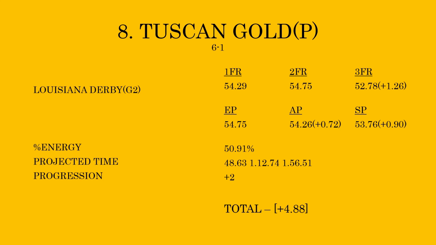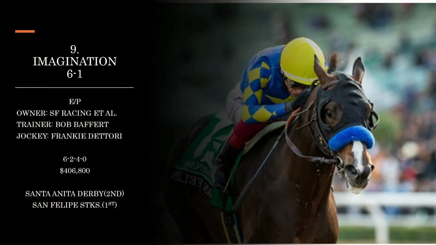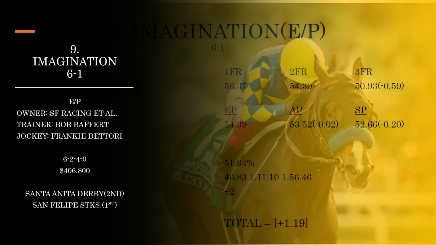So we look at his projected time for the Preakness, it's one of the better ones. And so consequently, you look at all these numbers, and to me, I think Tuscan Gold looks awful good in the Preakness.